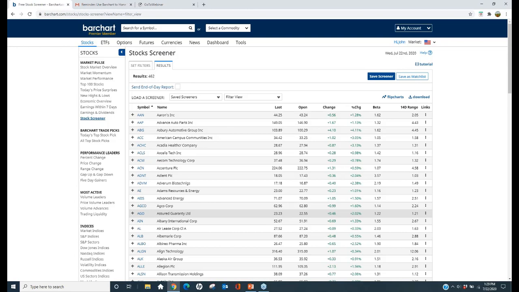Now at this point, I might stop here and just look at these stocks. That'd be a lot of stocks to go through, but what I'm going to do is, again, cast this wider net. I'm going to throw out a much larger sample size, and then eventually I'm going to refine this down.